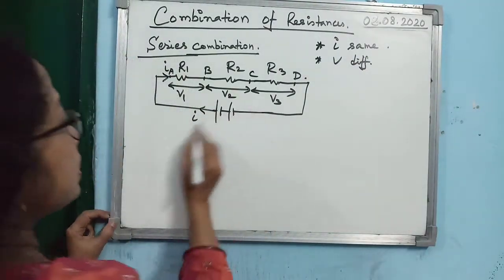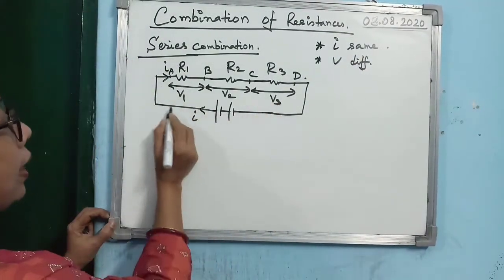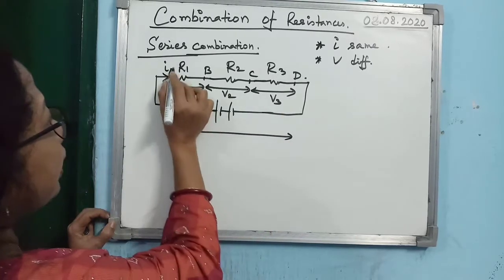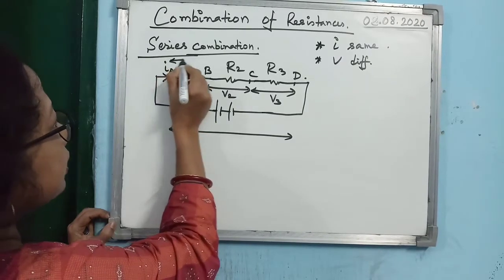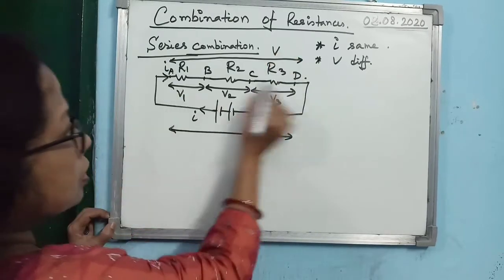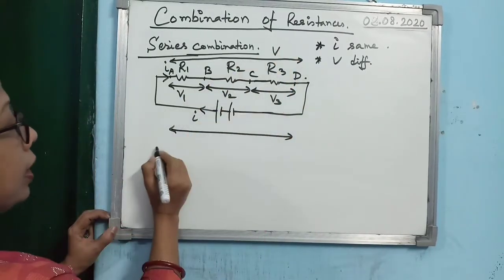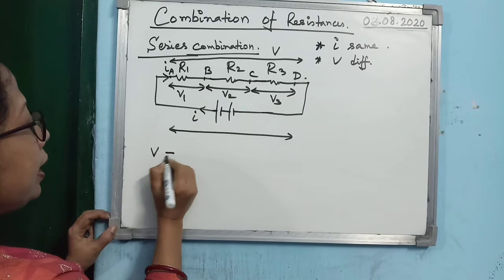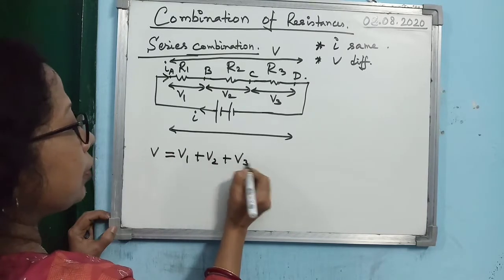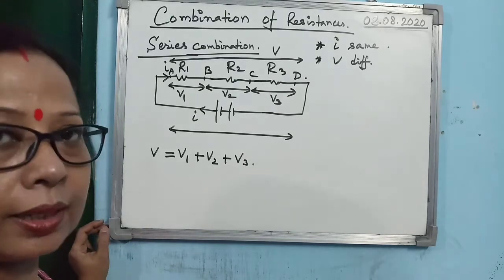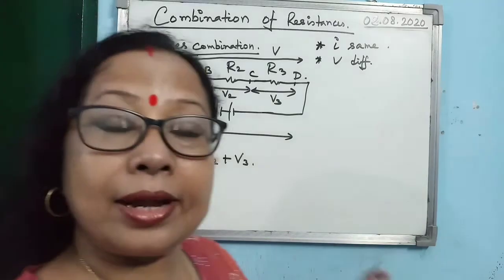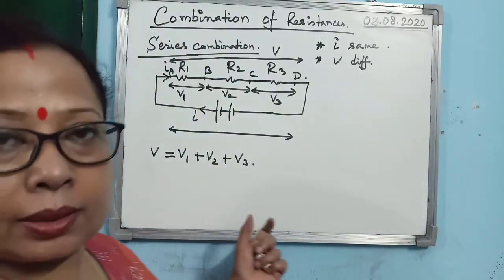Okay. So you see, according to this one, if I consider the potential difference across the points A and D, I am writing it here. The potential difference across the two ends of the combination, let it be V. So you can write V is equal to V1 plus V2 plus V3, because potential difference is a scalar quantity and potential difference is the amount of work done to carry unit positive charge between the 2 points.